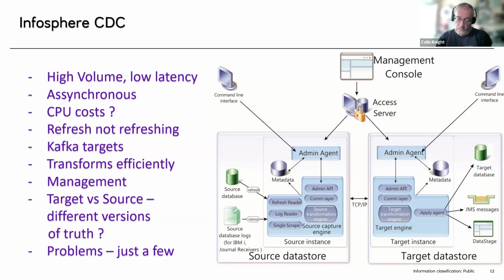Now, with CDC, that triggers a refresh. We're going to select the whole table from DB2 and send that down the pipe into target. But do we really need that? If we've been capturing all the data via inserts into the table in CDC and sending to target, why do we need to send all the data again?